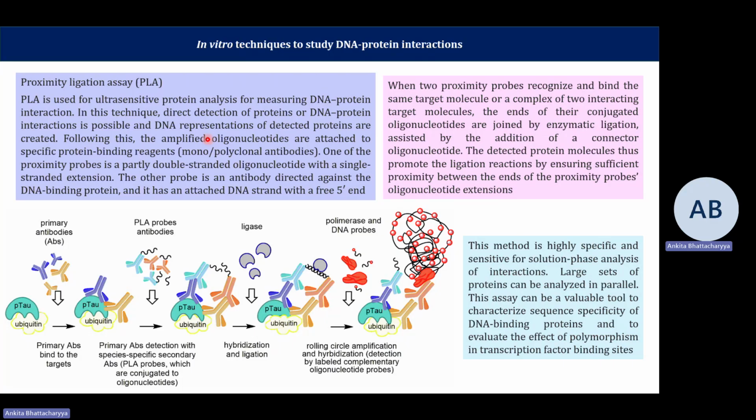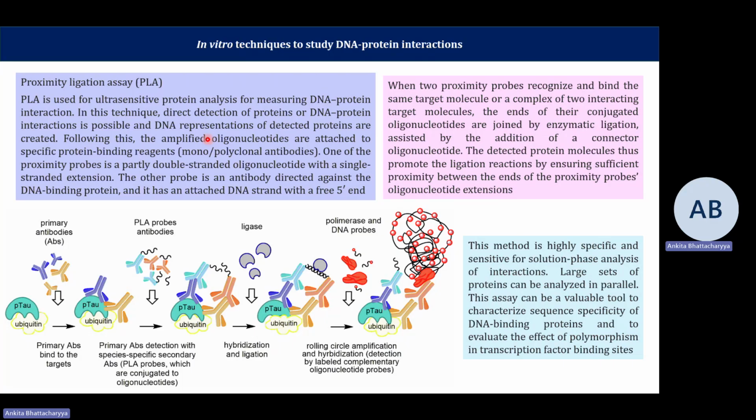So it is considered to be an ultra-sensitive protein analysis for measuring DNA-protein interaction. In this technique, the direct detection of proteins or DNA-protein interactions is possible, and DNA representations of detected proteins are created. Following this, the amplified oligonucleotides get attached to specific protein binding reagents like monoclonal or polyclonal antibodies.